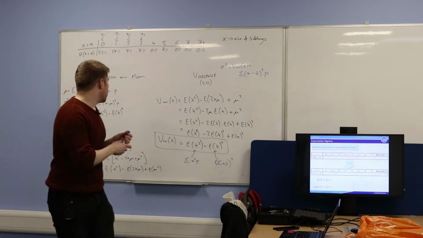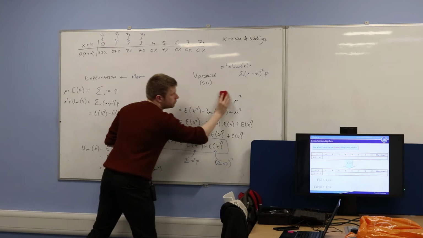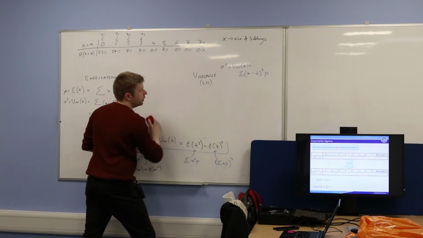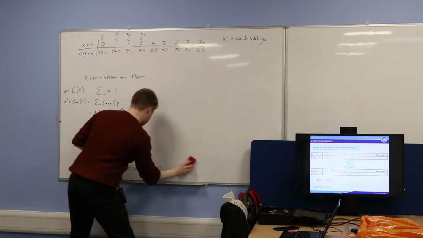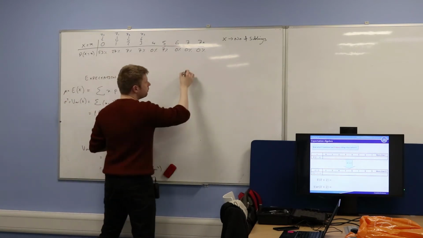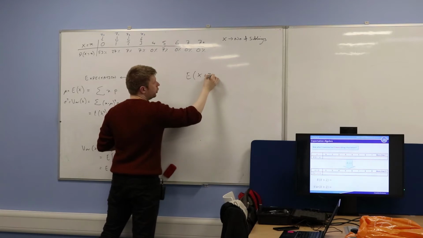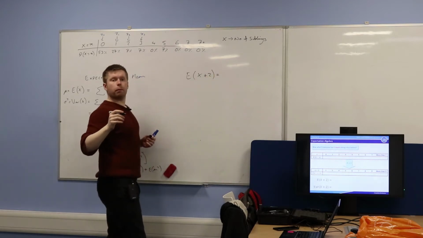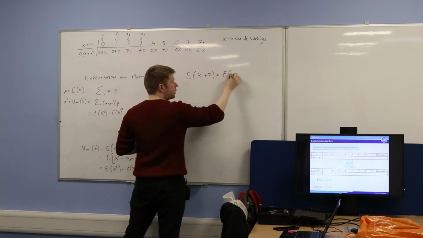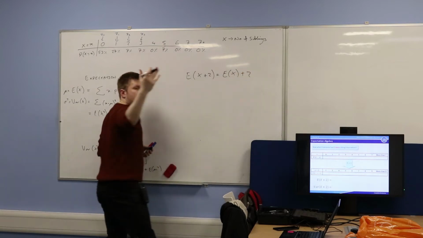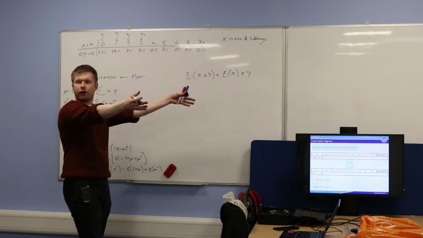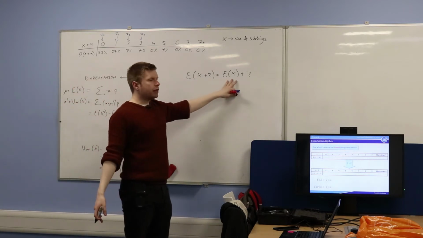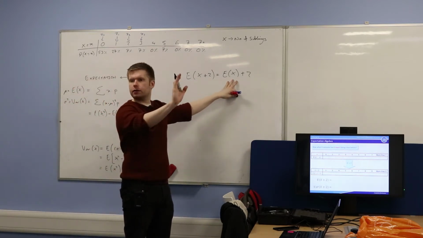Okay, good. I totally agree with you. The expectation of x plus 2 should be equal to what? So the old expectation plus 2. The old expectation was like 0.92. If you add 2 to all of your variables, are you happy that the old expectation will just shift with it?